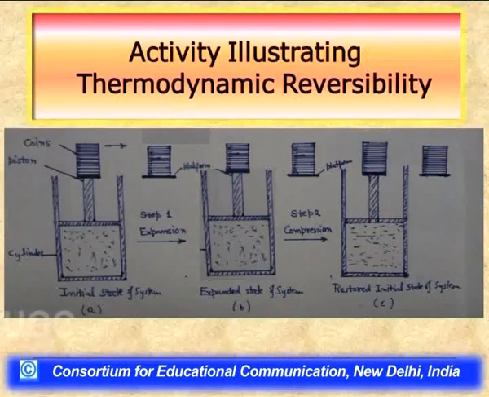Now, having said this, let us have an illustration of an activity by virtue of which you can understand what we mean by the thermodynamically reversible process. Let us consider a cylinder with a piston, that is, a piston-cylinder arrangement within which it encloses some gas.